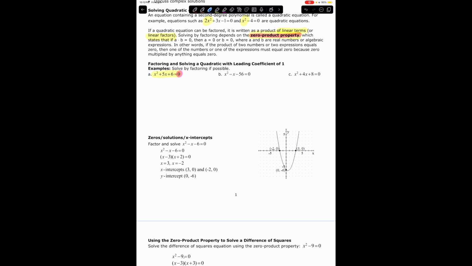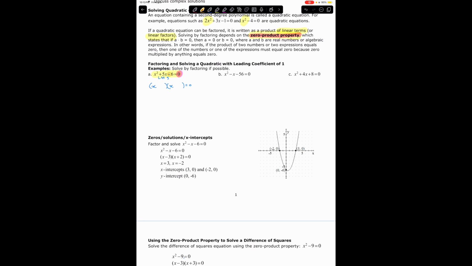To factor the left-hand side, we put in place holders for the two linear factors, which are binomials in this case. X squared factors into x and x. I noticed that the sign of the last term is positive, which means both of the numbers are either positive or negative.